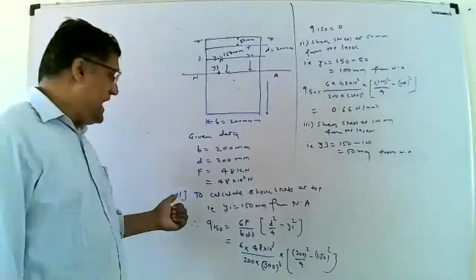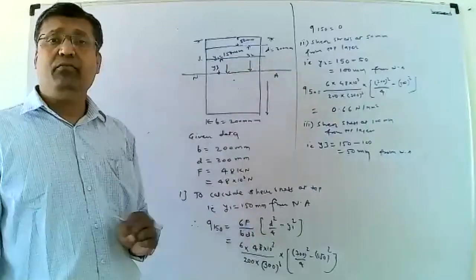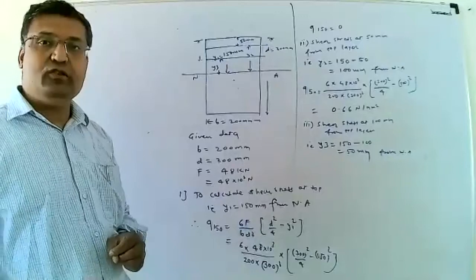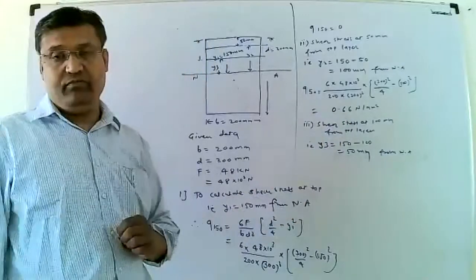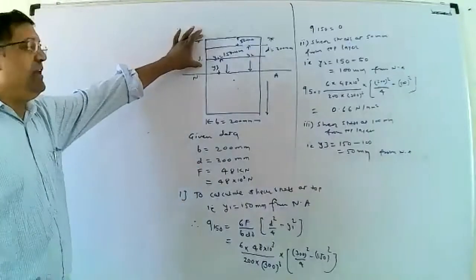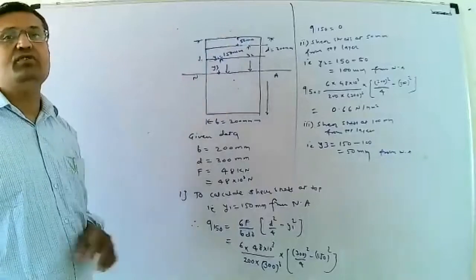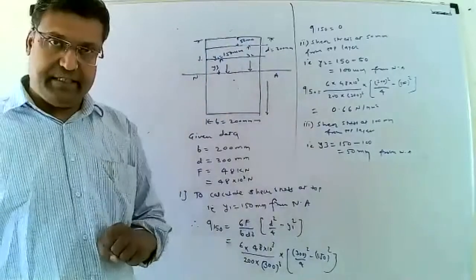Once we calculate shear stress at 150 mm and at 100 mm from the neutral layer, in this problem we also calculate shear stress at a distance of 100 mm from the top layer. The total distance is 150, so 150 minus 100, the remaining distance is y3, the distance between the extreme layer and the neutral axis.